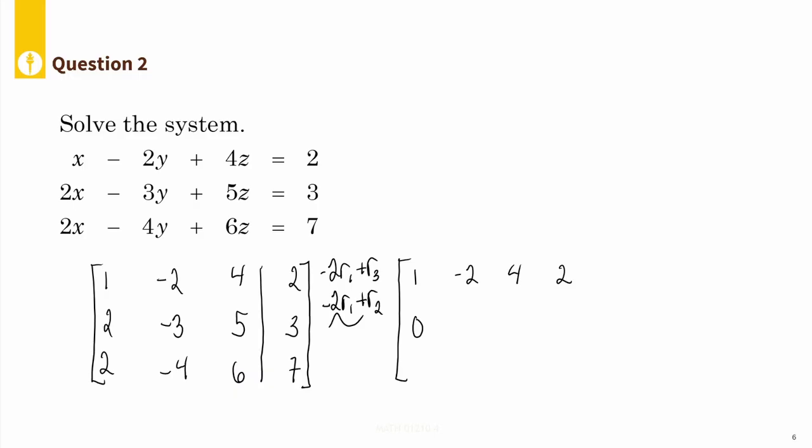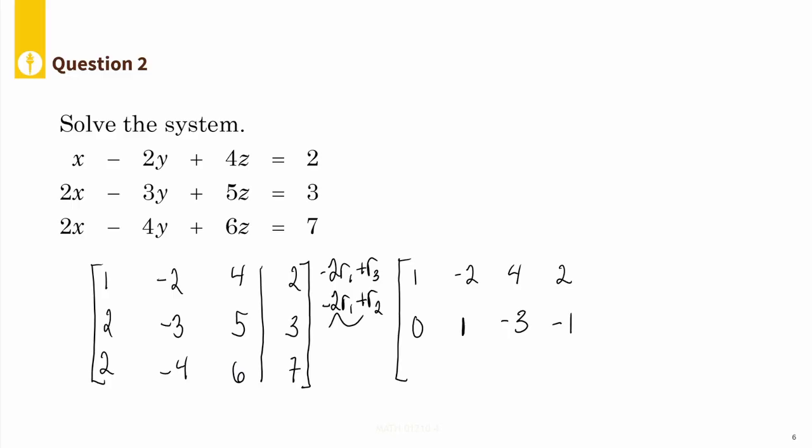Oh, sorry, 2 double negatives. -3. That's what I got. And what's next? -1. -1.